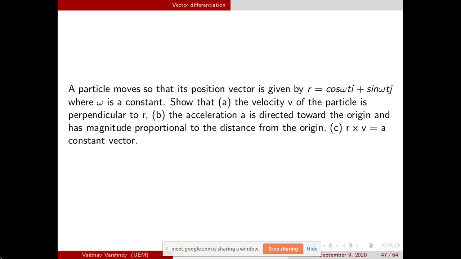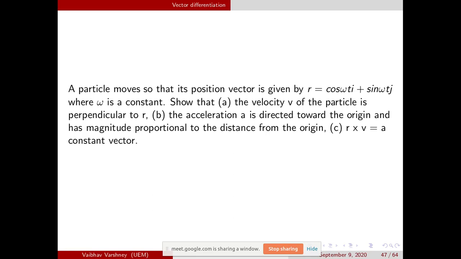Anyone got it? What is the v value, sir? First tell the i cap term.